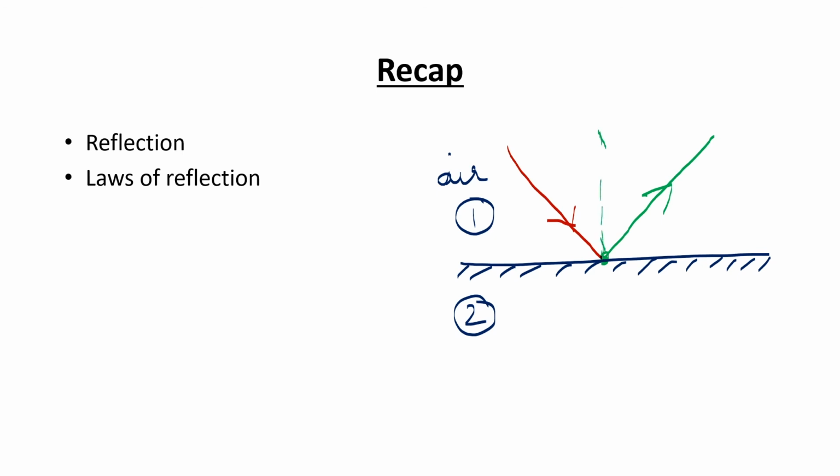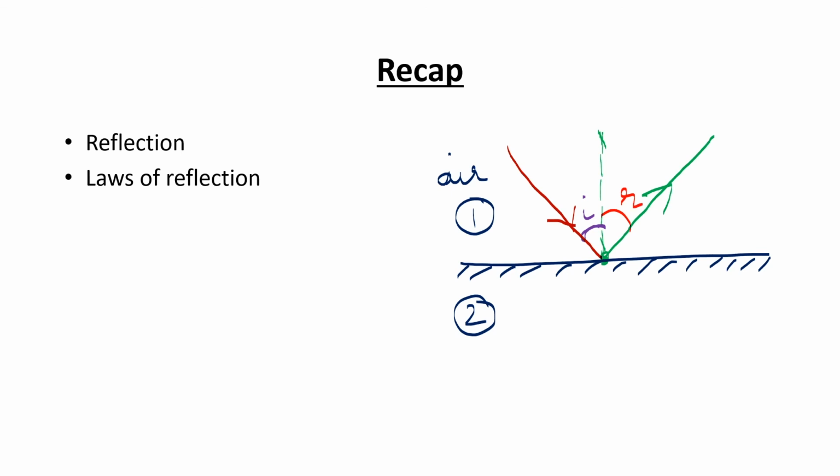This perpendicular line is called the normal, and the angle of incidence is the angle between the incident ray and this normal. And what is the angle of reflection? The angle of reflection is the angle between the reflected ray and the normal.